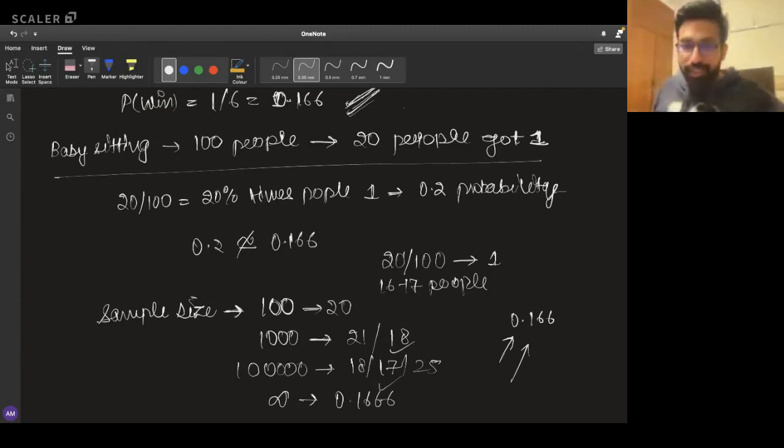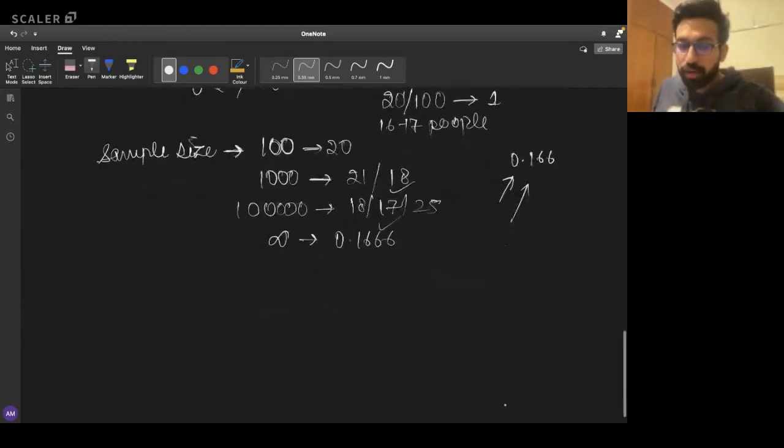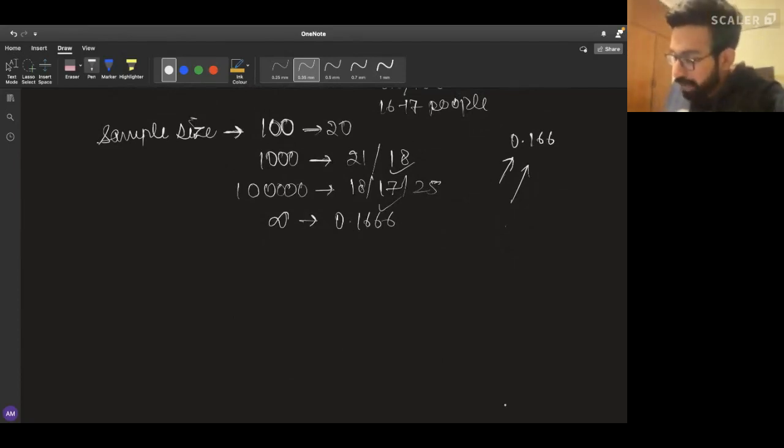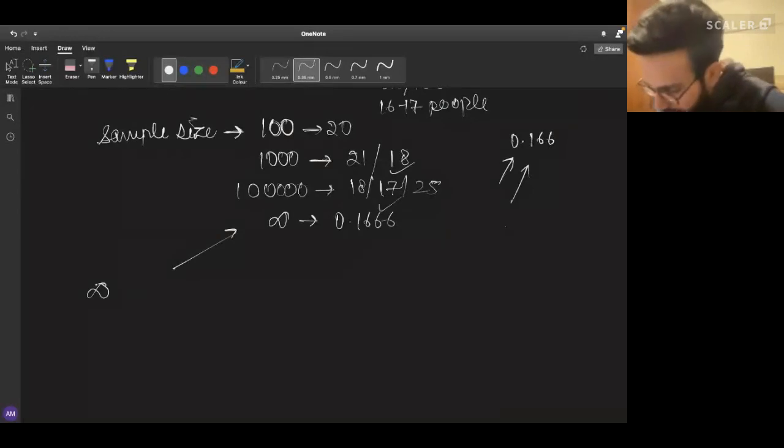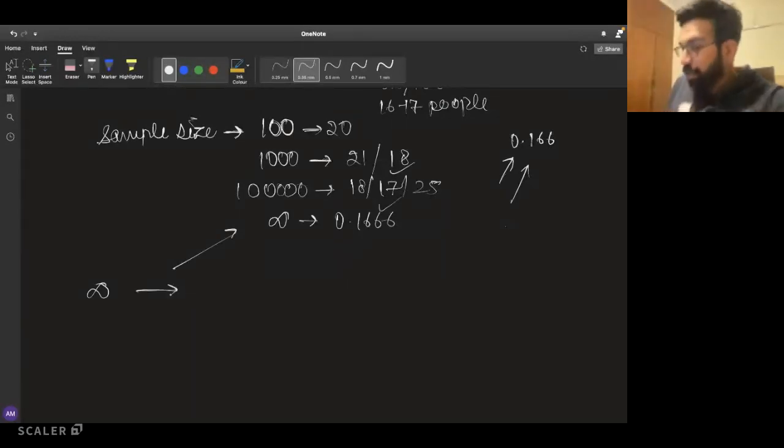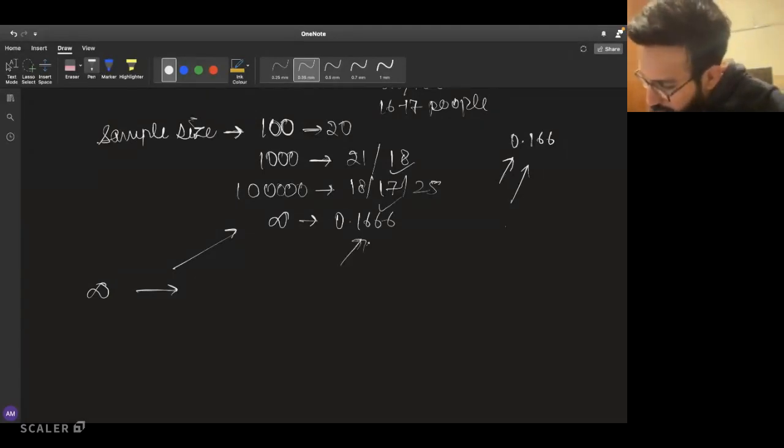So what is the frequentist approach to think about probability? They say that probability tells you that if you keep on performing a certain experiment infinity number of times, now infinity is not a specific number. It means that if you perform a certain experiment enough number of times, the occurrence of an event that you are interested in would start following this number that you calculate from the probability value.